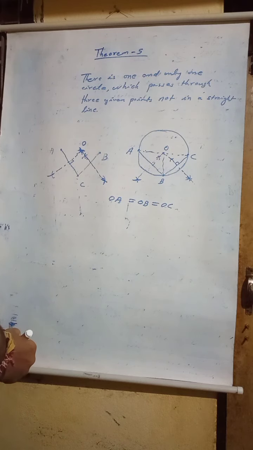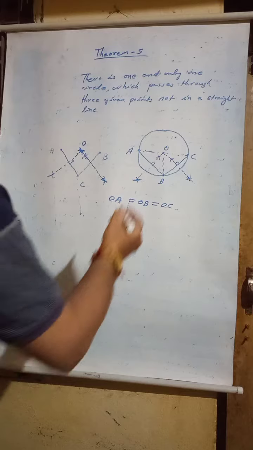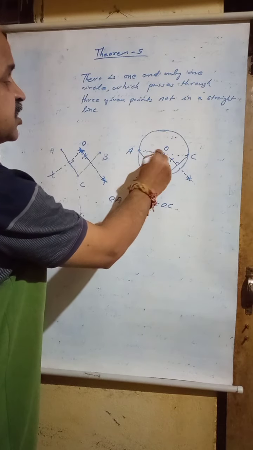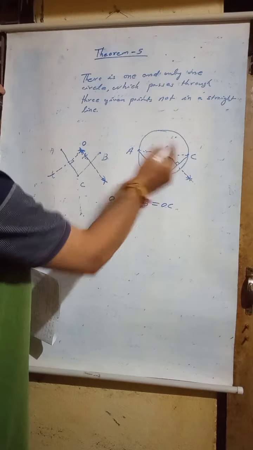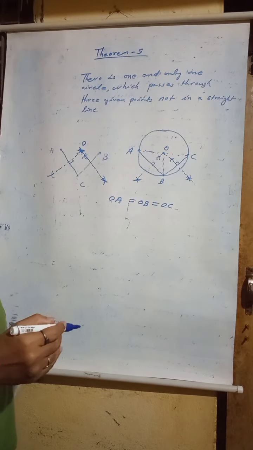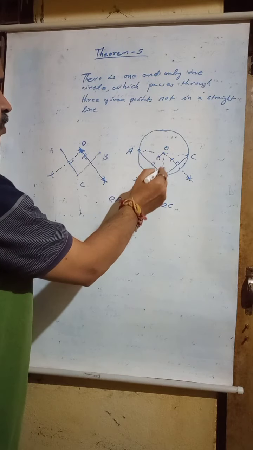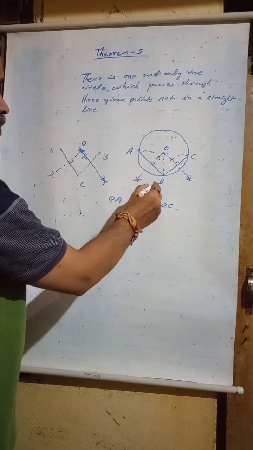So from here you can find that O is equidistant from A, B and C.